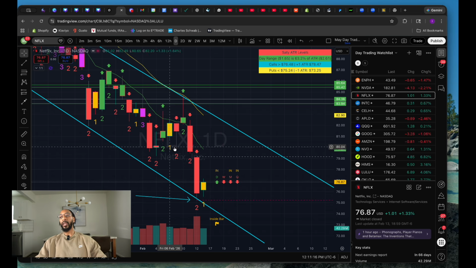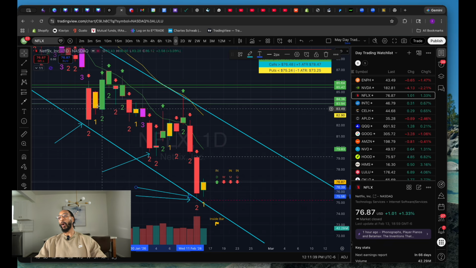But then you could let runners run here because on the daily time frame, what happens? We have more room to come down here, right? So we could potentially come down here and create a lower low because look, we have this low, we have this low, and it only makes sense to create a lower low. And look what's happening.